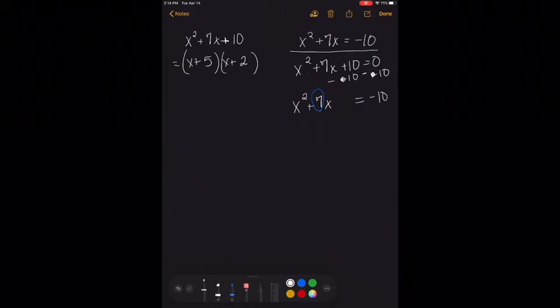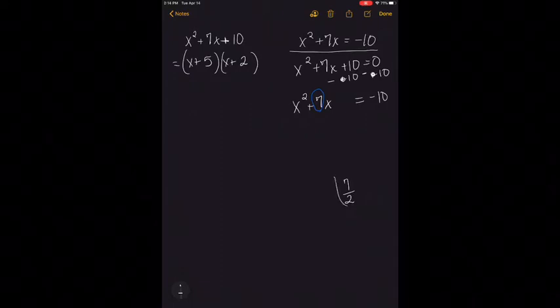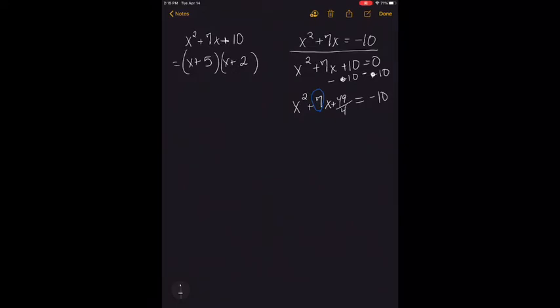The best thing to do is to keep that number as an improper fraction. So 7 over 2 is that coefficient divided by 2. And if we square it, we get 49 over 4. And what we're going to do is take that and add that to both sides of our equation, 49 over 4.